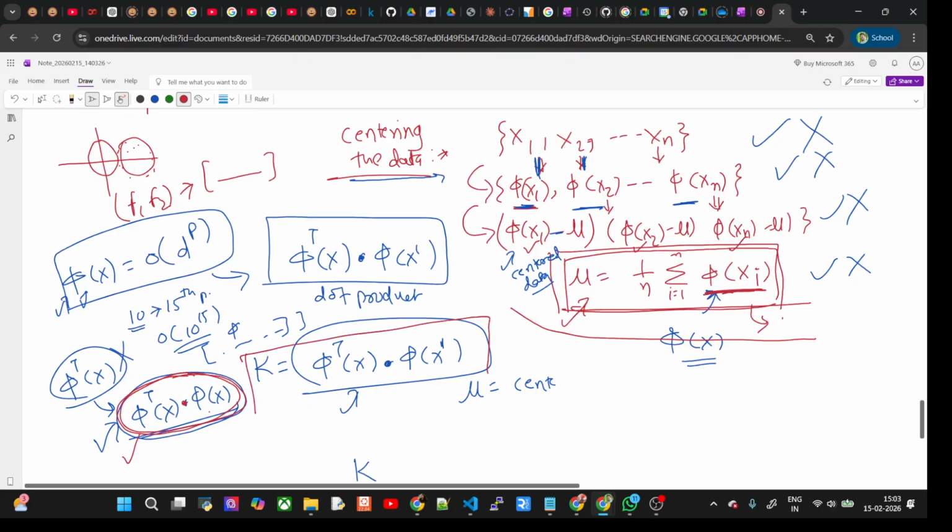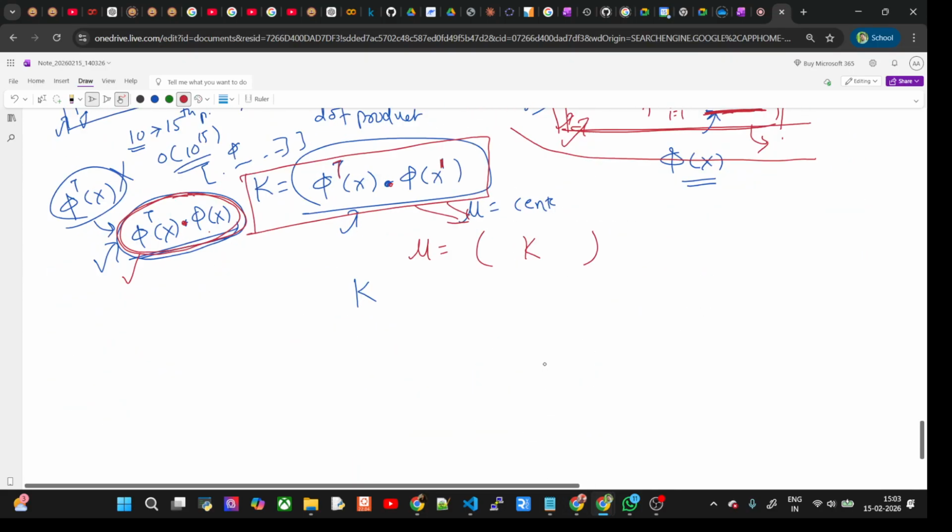The formula of mu will have some kind of k term, because k is phi transpose x into phi transpose x prime. If you have this term, then you can do the centering of the data. That's what you want to do here.